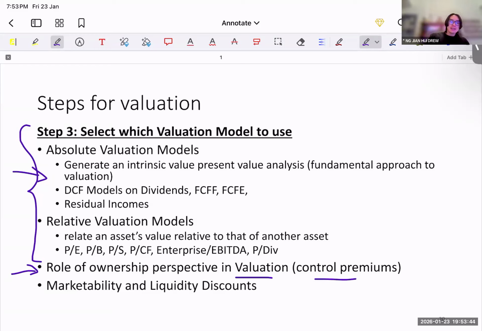Now, Singapore Technologies interestingly has a special golden share that's owned by the Ministry of Finance. This golden share basically gives them, the Ministry of Finance, veto rights over any decisions made by the company. It's a very rare thing.